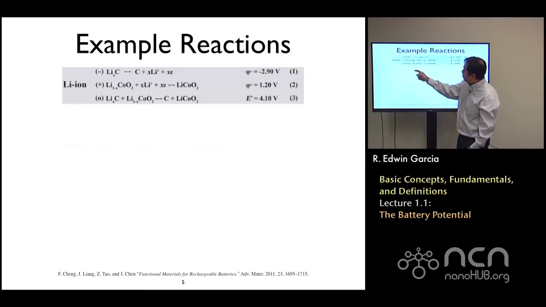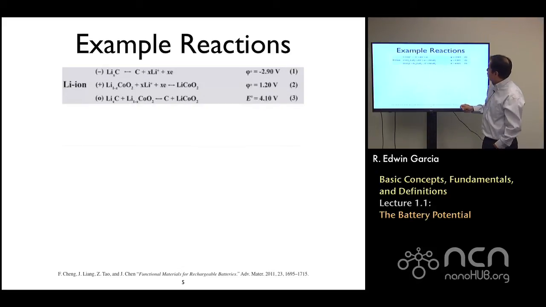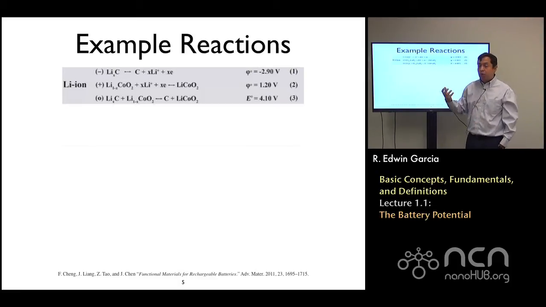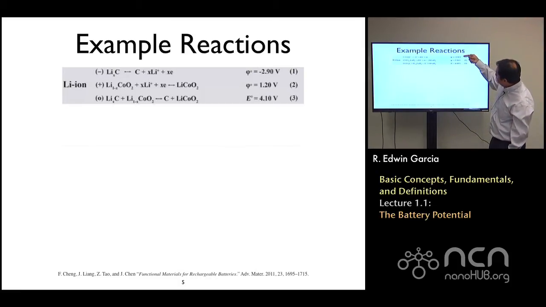The overall reaction can be thought of as a lithiated graphite. We take that lithium out and we put it in lithium cobalt oxide, and as a result, we have the lithiated graphite and lithiated cobalt oxide, and the voltage of that cathode and anode pair would be the voltage difference between the anode and the cathode.